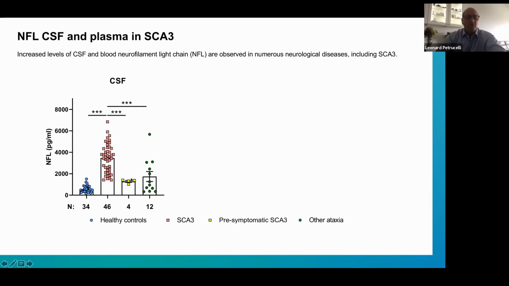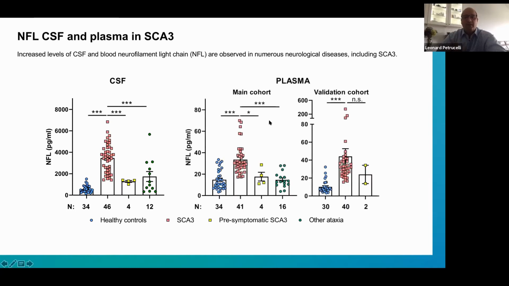Although samples were few, the pre-symptomatic cases had modest levels of NFL. Likewise, in plasma, we found significant levels of NFL that can discriminate between the healthy individuals. And once again, there were some levels in pre-symptomatic cases, although comparable to the healthy individuals.